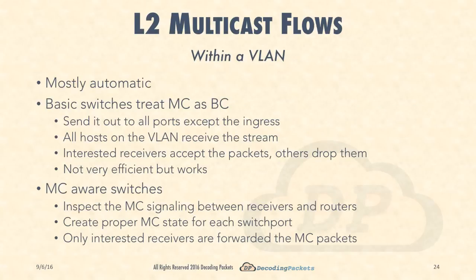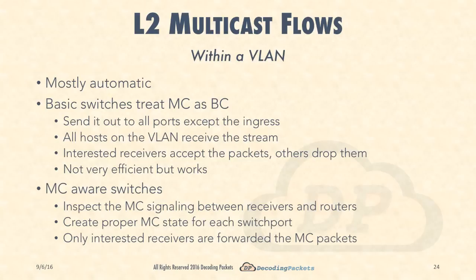Now, if you think about multicast flows within a VLAN, so we are not even leaving a VLAN, all of the multicast sources and the multicast receivers are essentially just connected over layer 2. They are connected to a switch and they can send layer 2 frames to each other.